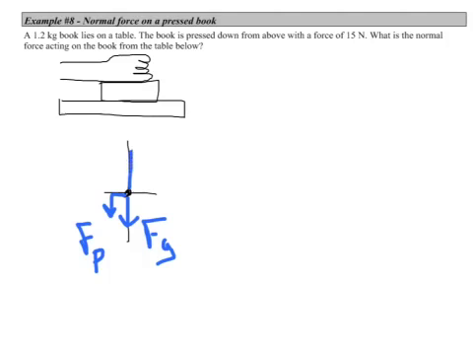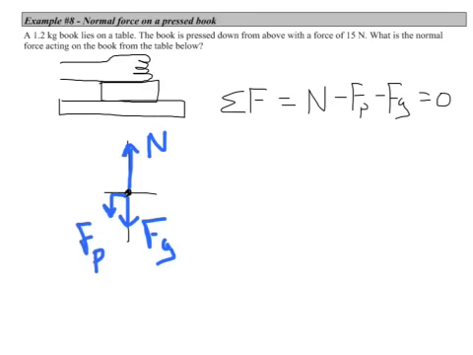And then we also have a normal force from the table pushing up. So our net force in the y direction is our normal force minus the force of the push minus the weight force equals 0. We're subtracting them because they're pointing in the negative direction. The force of the push is given to us in the problem.